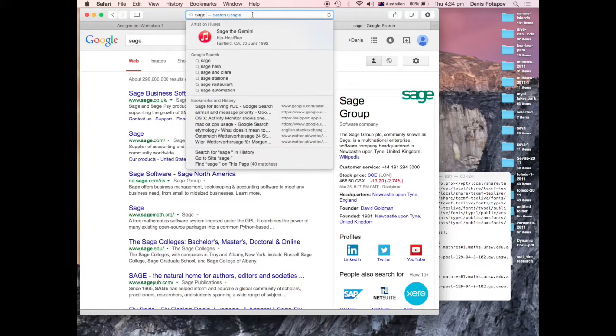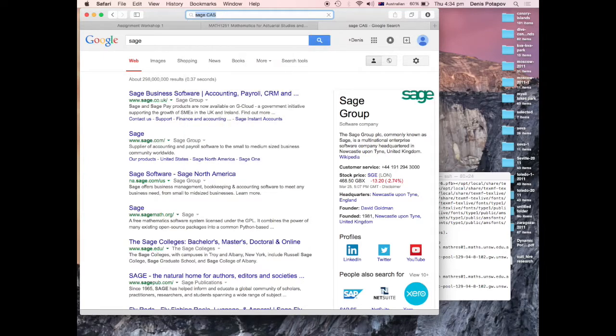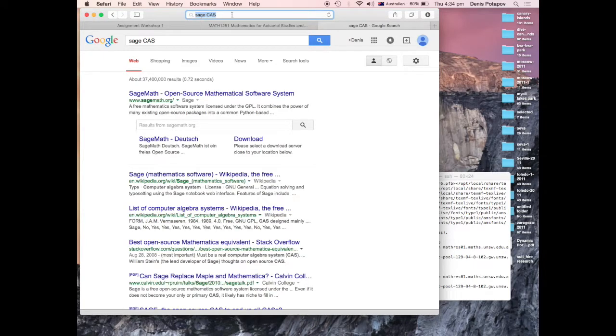Sage Math, yes, an open source mathematical software system. It's free, as far as I know, so if you don't like Maple, or if you don't have it on your own laptop, that's a free option for you, which is as good as those. The syntax of the commands is a little bit different, but not much. And you can use them for your computations.